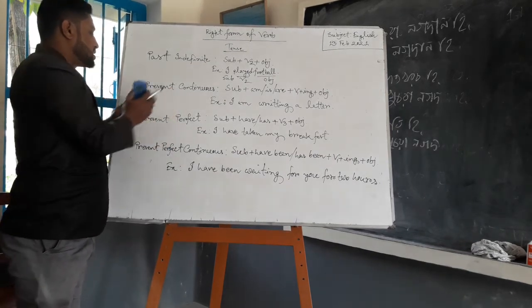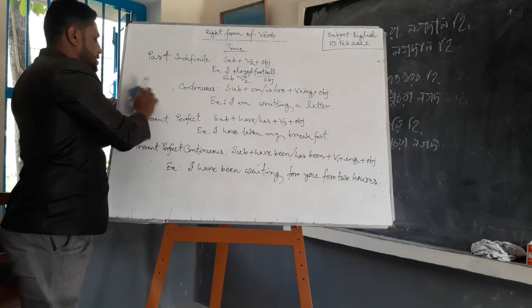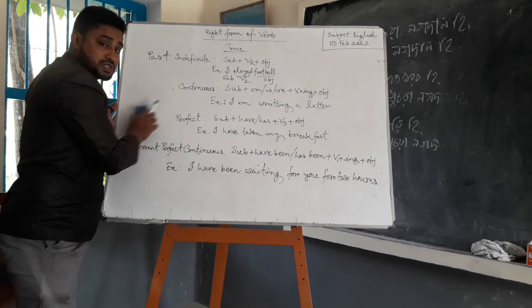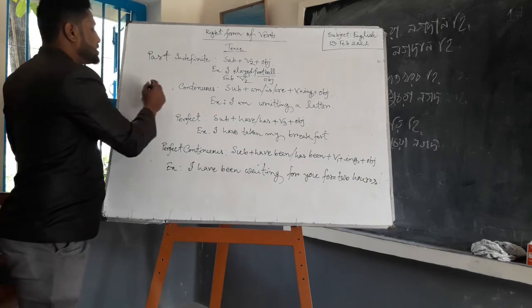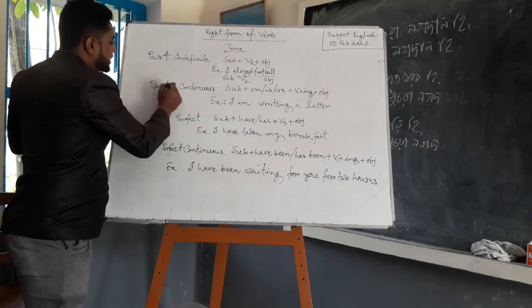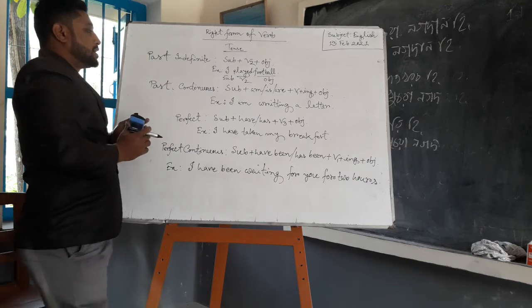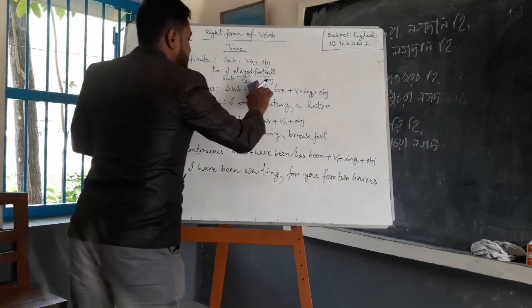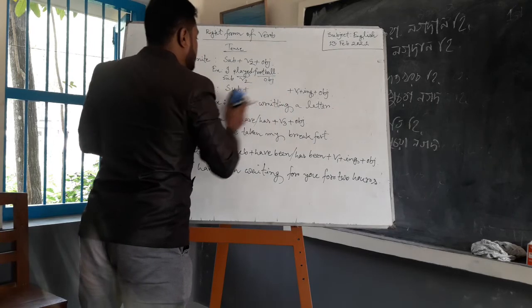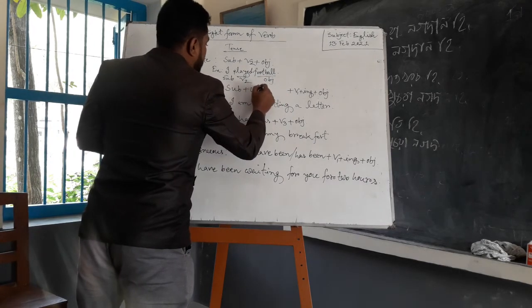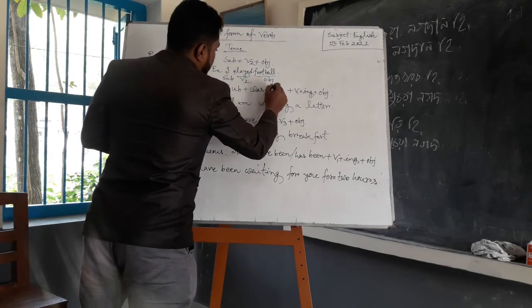If there is past continuous, as we are talking about past tenses now, we can change it like this: past continuous, was/were.